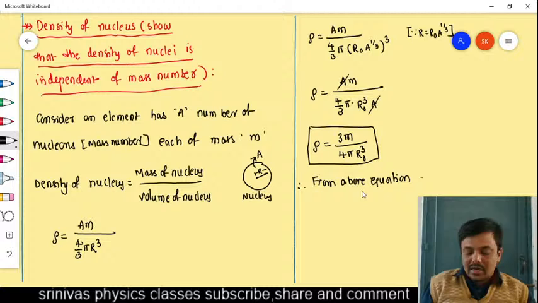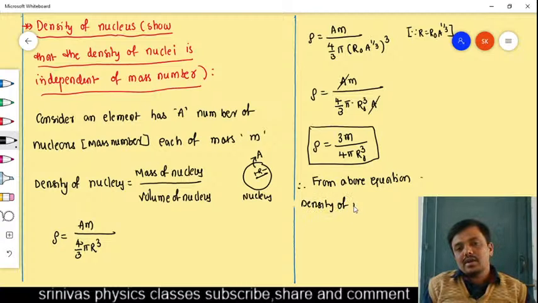From the above equation, we can write one thing: the density of the nucleus is independent of mass number.